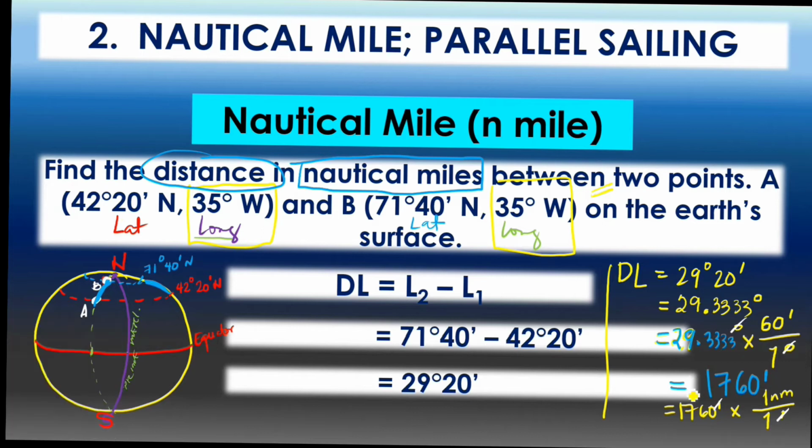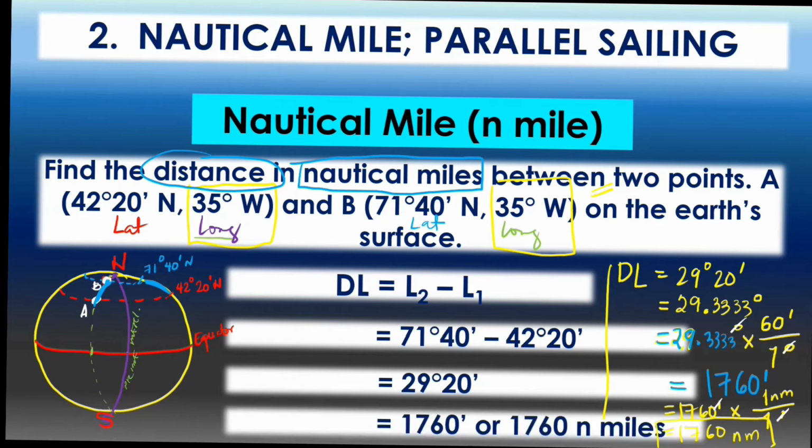Then the answer here is what? 1,760. Copy the unit, nautical miles. So this is the distance between A and B. So that is the reason why we do have this answer. Okay. Actually, the final answer here is the one with the nautical miles because it is what is being asked in the problem. So this one is the answer because of nautical mile. Okay. Next.